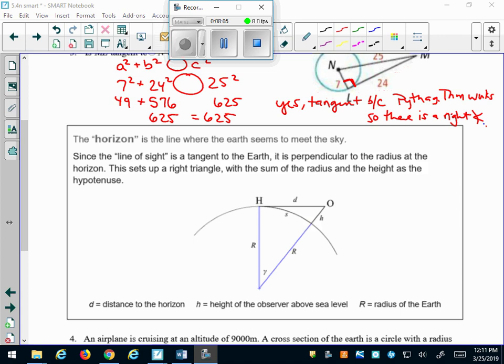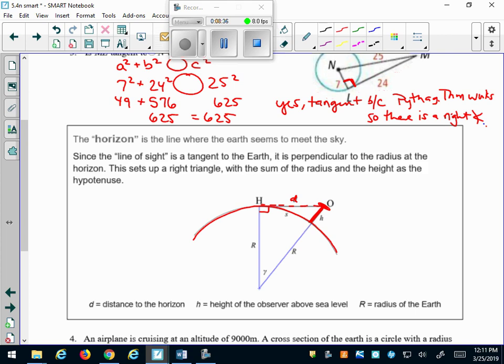If the Earth is here, and you are above the Earth, so you go straight up and you're in this airplane right here, let's say, right? And you look out the airplane window this way, your line of sight right there, which we're calling D, is perpendicular to the radius of the Earth.